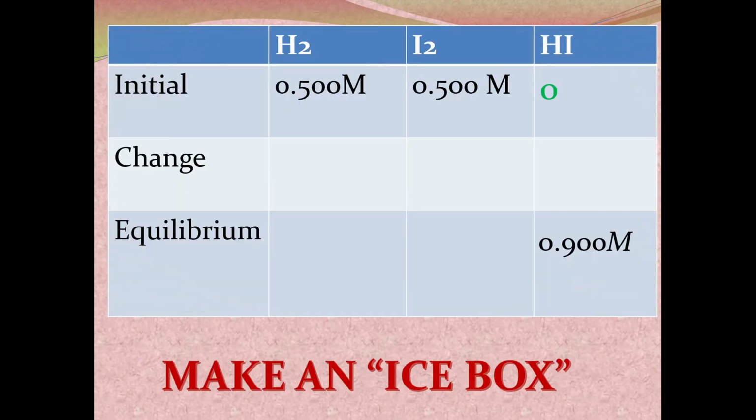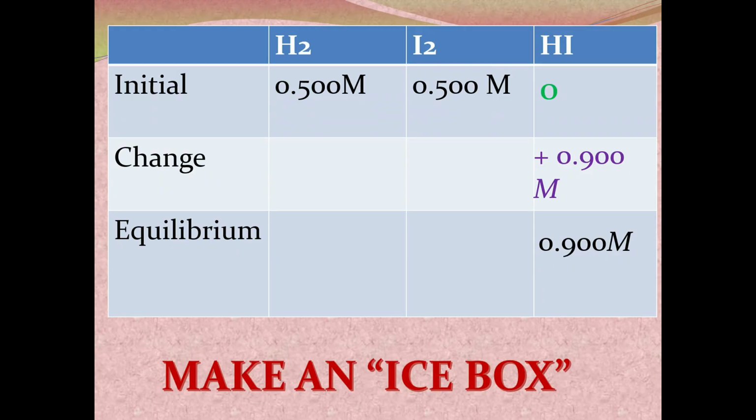So I make my ICE box and I put in everything that I know. So I had 0.5 molar H2, 0.5 molar I2, no HI to start, but 0.9 molar HI when I'm done. Now the change for HI is obvious. The change for HI is +0.9. What becomes not so obvious is the fact that there is now a stoichiometry.